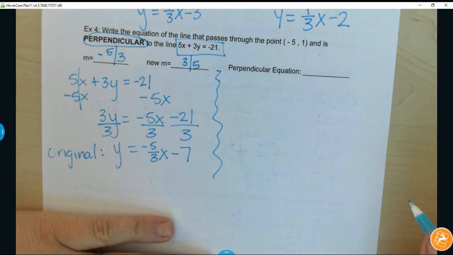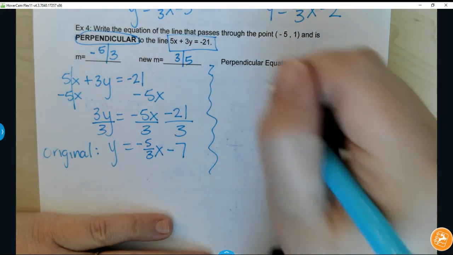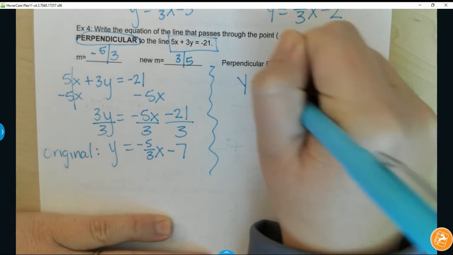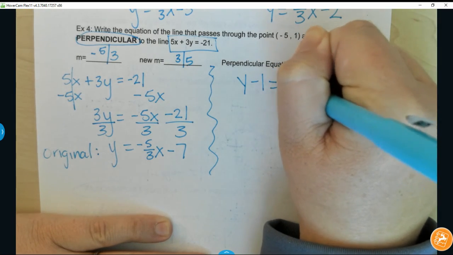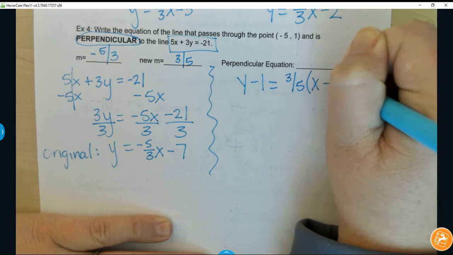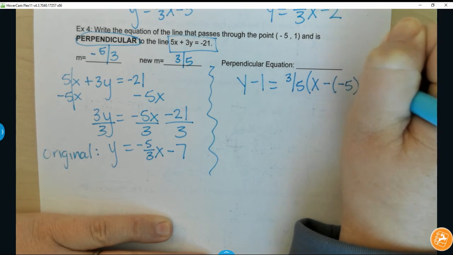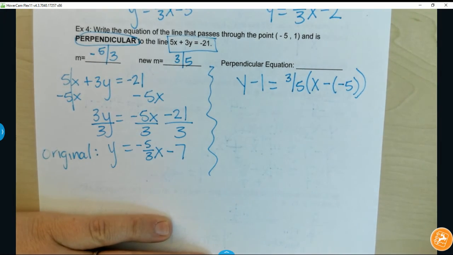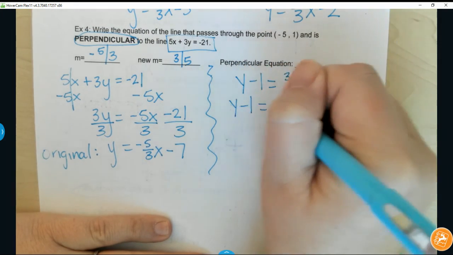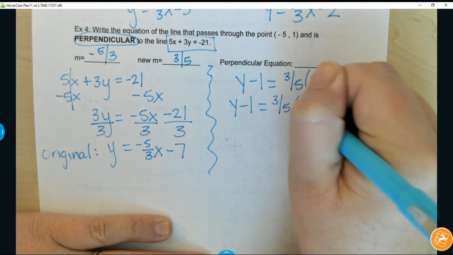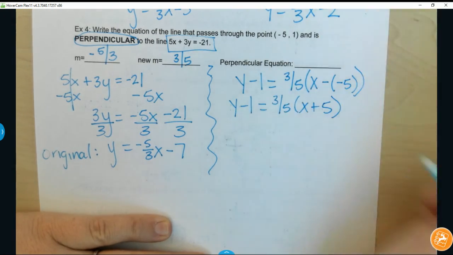Go ahead, either use point slope form or slope intercept form. Y minus 1 equals +3/5 times x minus a -5. Right here, this becomes a positive. Y minus 1 equals 3/5 times x plus 5.